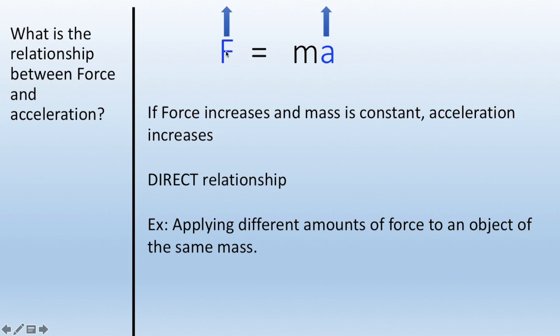Vice versa, if I were to decrease the force, I would decrease the acceleration. So for example, remember when we were applying different amounts of force to an object that had the same mass? This is that kind of example where you see that direct correlation, where when you increase the amount of force applied to the same object, the acceleration will increase.